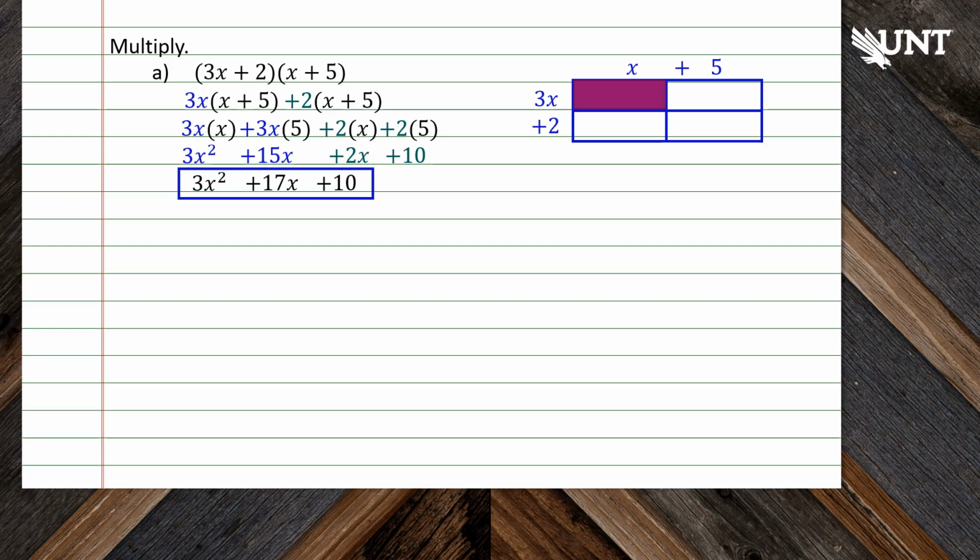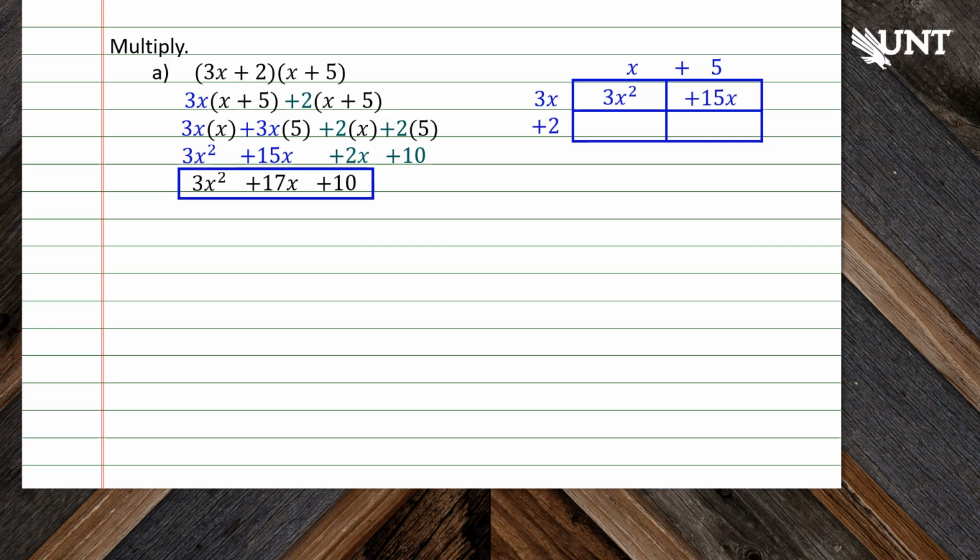Well, 3x times x gives us 3x squared. Now, working in the upper right section where we have the dimensions of 3x by 5, we multiply that area, and 3x times 5 gives us 15x.